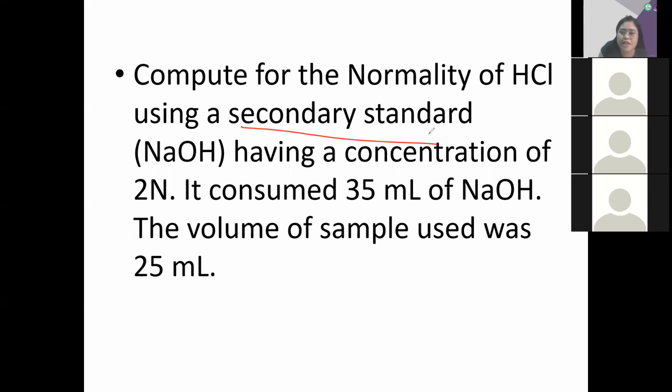Since this is using a secondary standard using titration, you will still be using this formula. C1V1 equals C2V2, and then the C1V1 is for the titrant or the secondary standard. So it says here that sodium hydroxide used was 2 normal. The volume that was consumed was 35 ml.